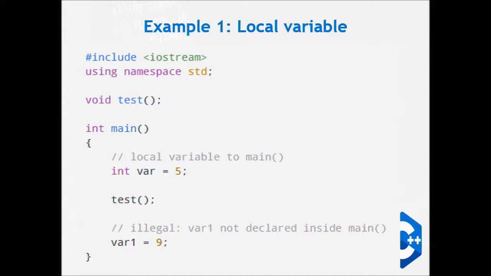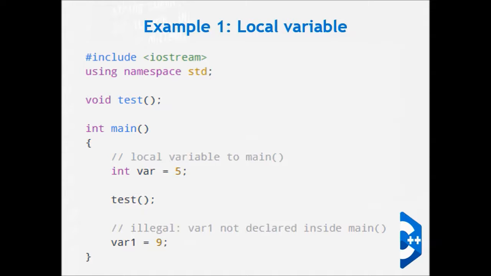This is a local variable and it is only accessible in the main function body. Then we call our function test.